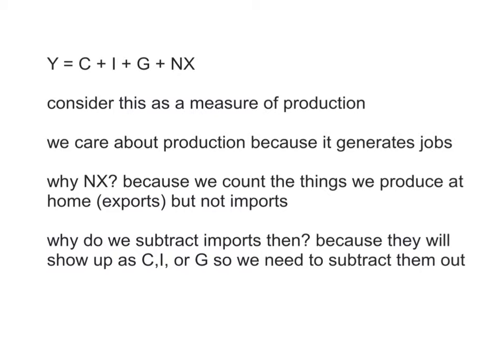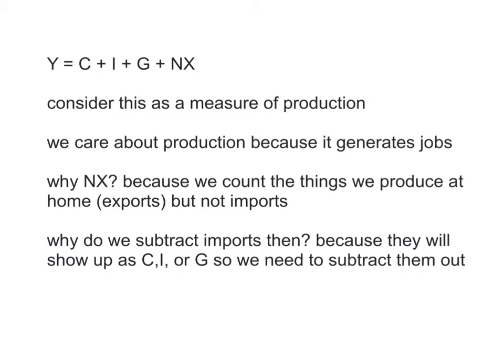Now, the C is consumption of goods and services within a defined time period, and I is investment. Investment is the creation of new capital goods, like factories, for example. G is government expenditure.